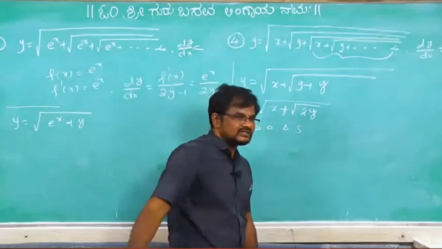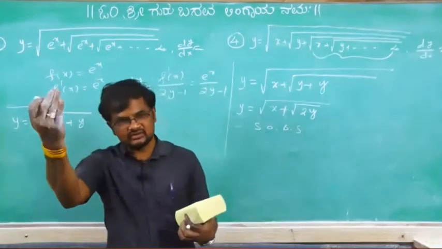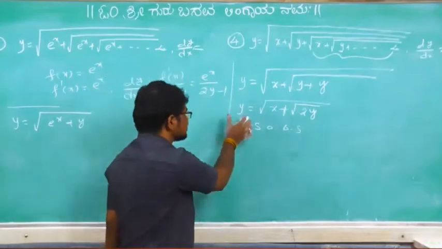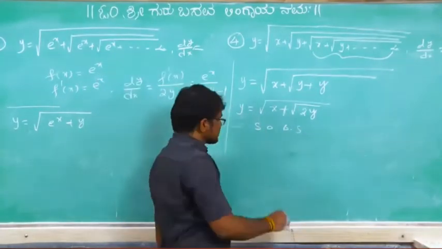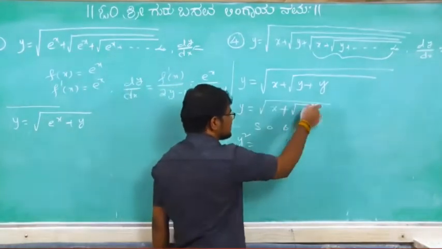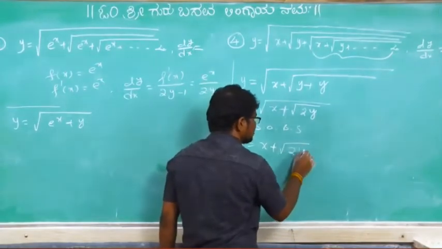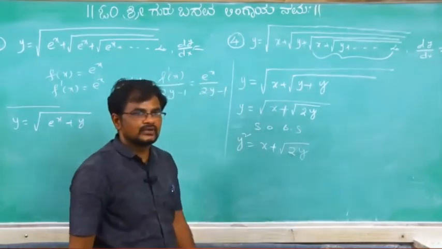Directly you don't differentiate, because under the root value, again 1 by 2 root x simplification we have to do. So instead of that, you follow this one, squaring on both the sides. What will you get? y square equals, this square root gets cancelled, x plus root 2y.